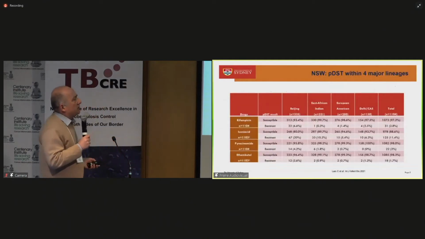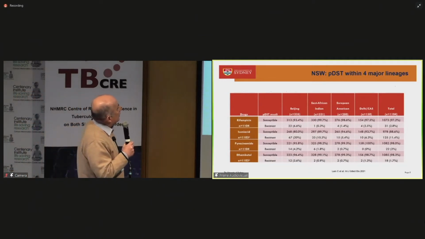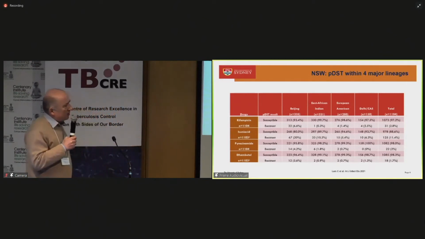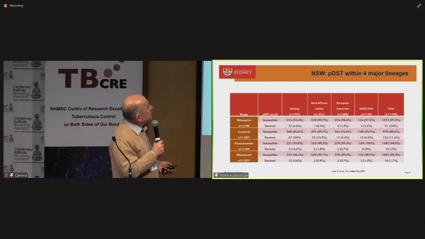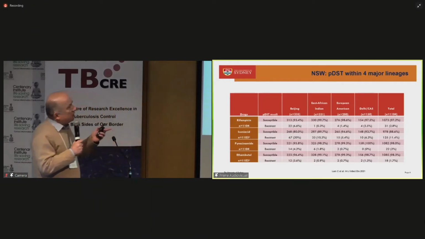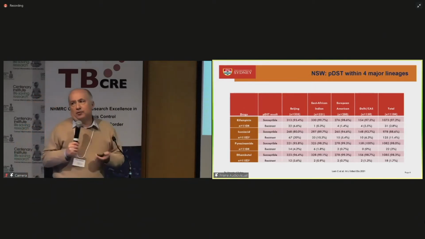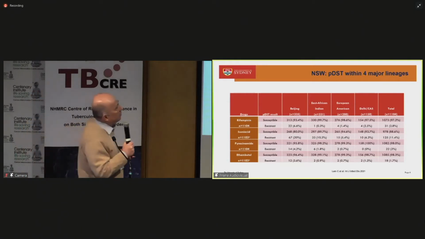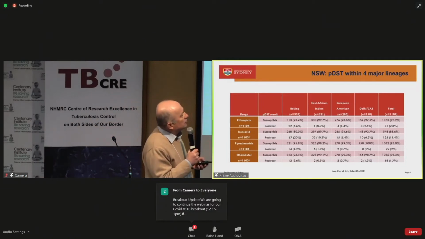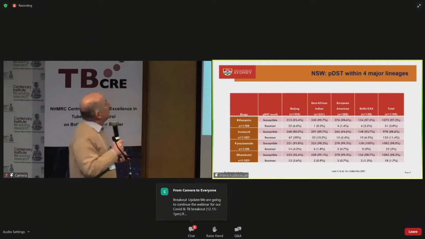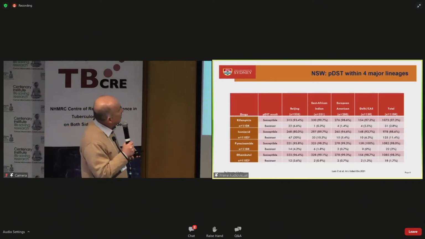In New South Wales, when you look at the drug resistance profile, and this is a paper that we recently published, and Connie Lamb, one of our postdocs, led this publication, the data clearly makes a point about association between phylogenetic lineage, which can be inferred from whole genome sequencing, and frequency of drug resistance. You can see in total, MDR was 2.8% for a period of almost 3 years, between 2016 and 2019.